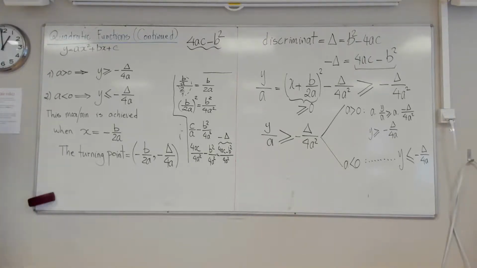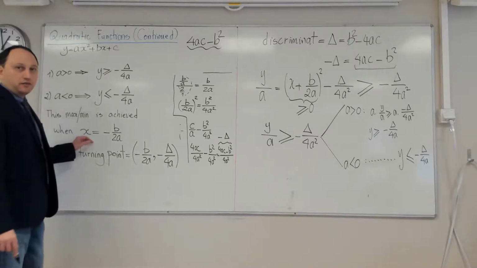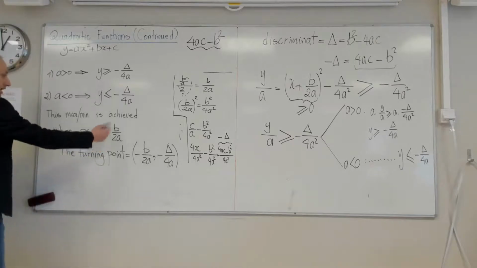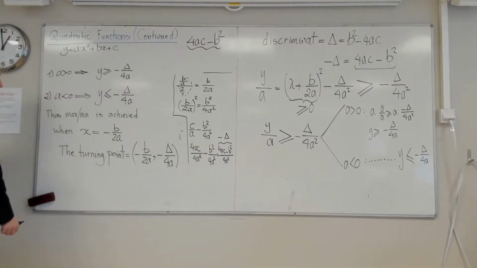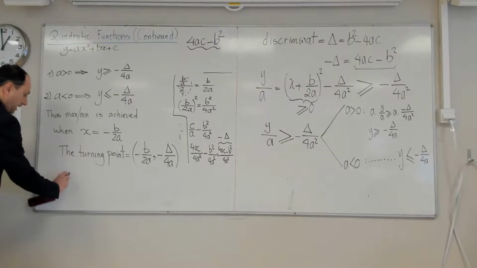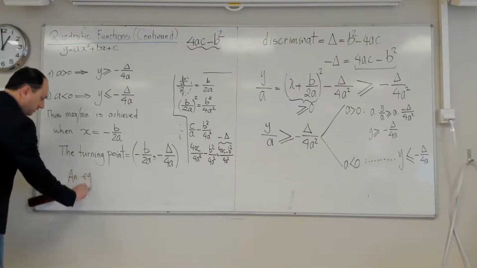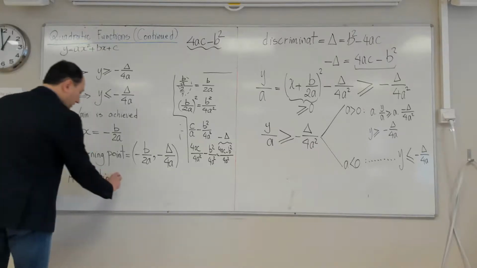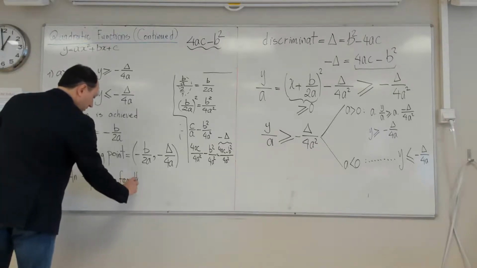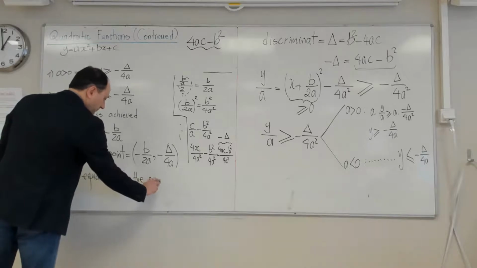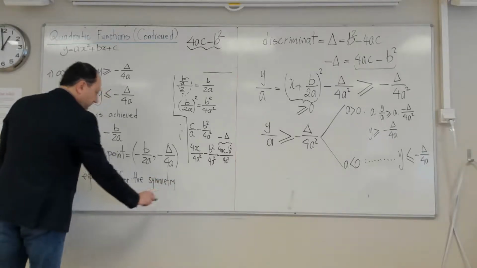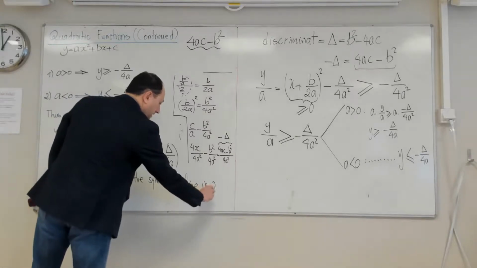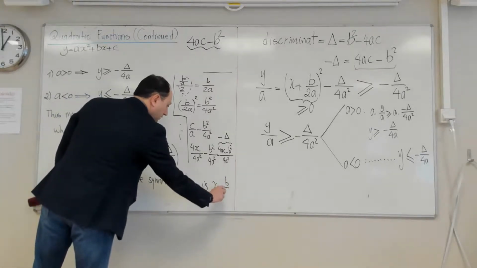And if I ask you what is an equation of the line of symmetry, that is exactly the value for x. So an equation for the line of symmetry is x equal to minus b over 2a.